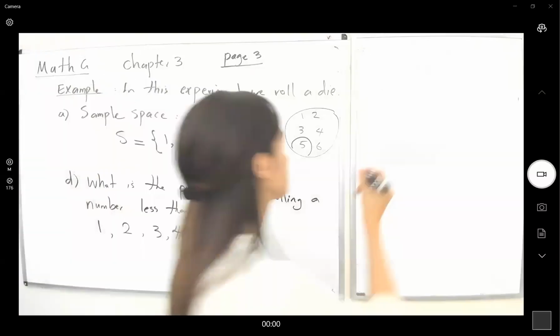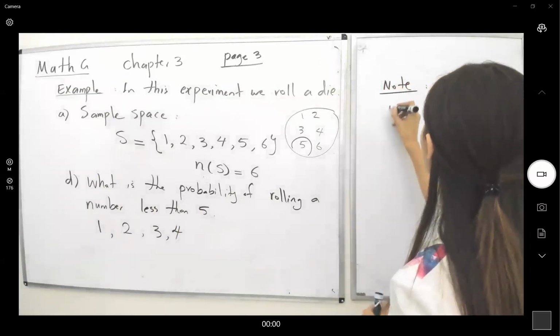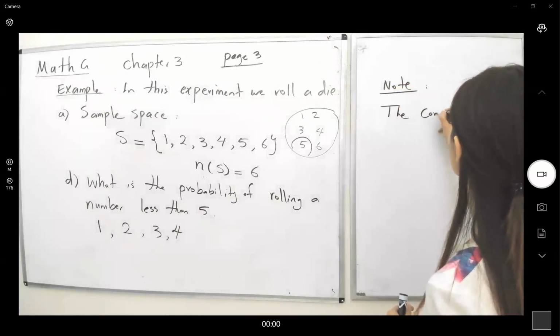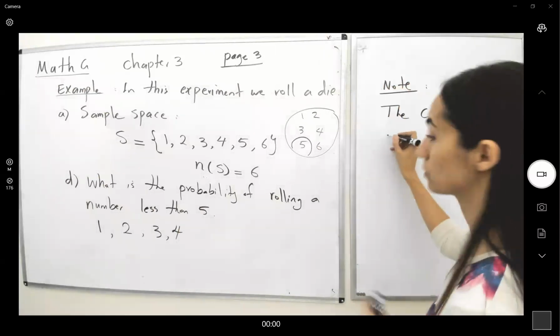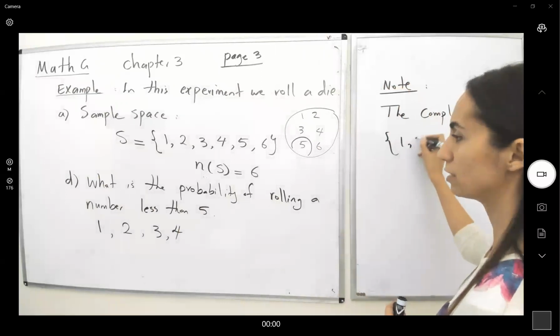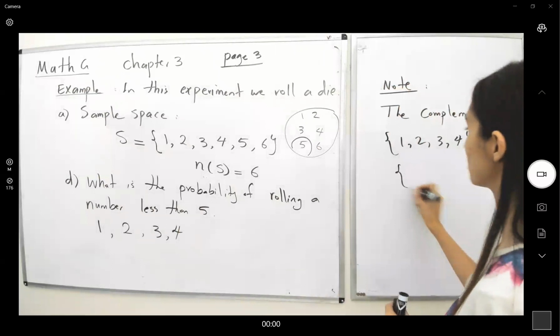So note that the complement of the set 1, 2, 3, 4 is the set, the complement.